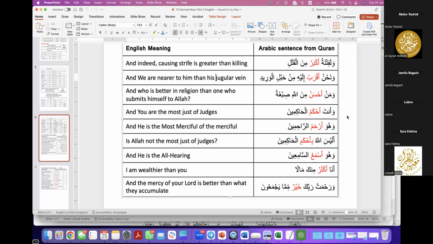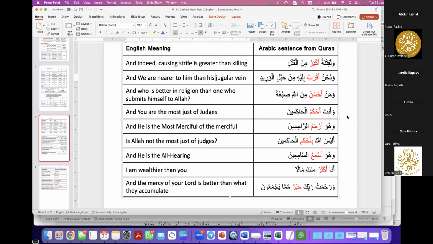The maf'ul mutlaq, bi ahkamil hakimin. Hakimin is maf'ul mutlaq? No, mutlaq, yeah. It will not apply. Is there any verb related to al-hakimina? Is there any verb it's coming out from?